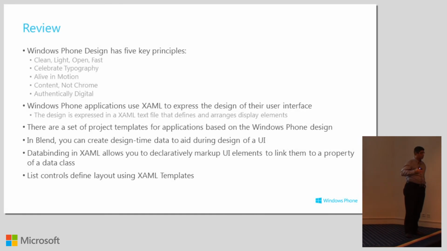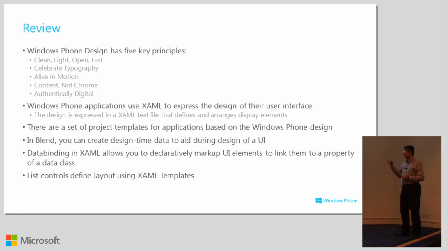So what we saw in this session was how we start with a piece of paper, designing the application, right? Thinking about the overall architecture of the application, how the application is going to behave, what is the navigation that the application is going to perform, what are the pages, what are the elements that are going to go in there, right?